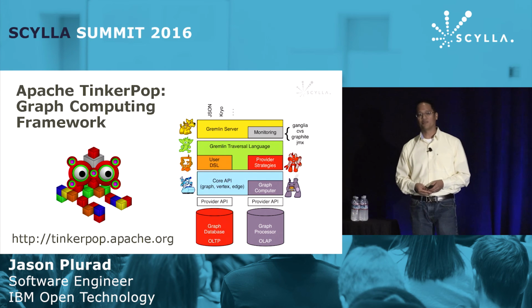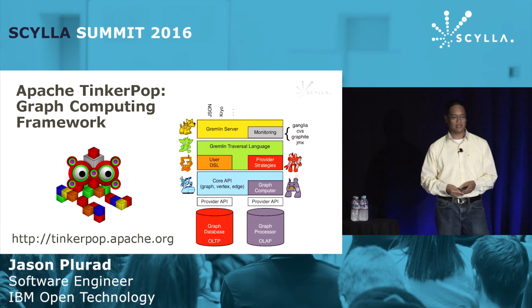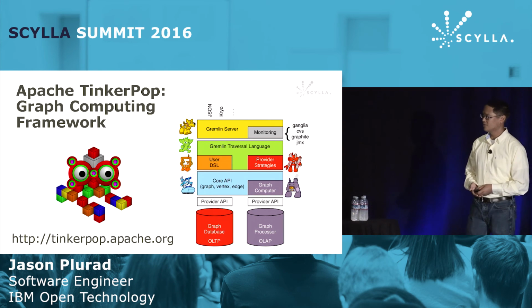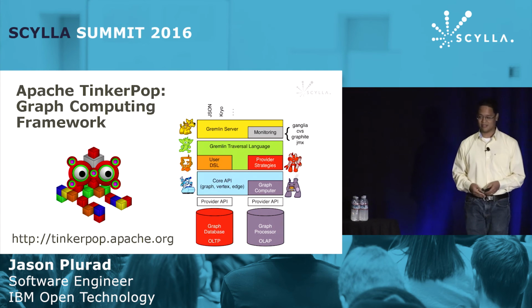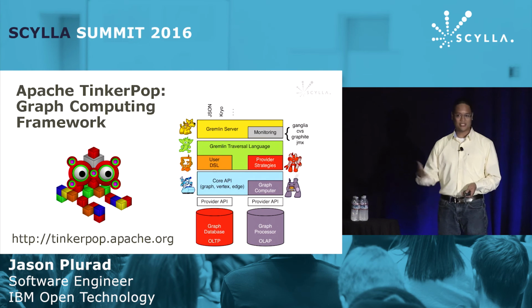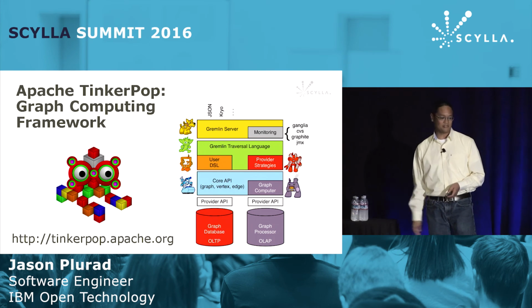So we're now a top level project. We have about 50 contributors, and we've doubled the number of committers since we entered incubation. And we're just about to release the 3.2.2 release. And things are moving along pretty well. And we'll see that we have a rich ecosystem of providers to bring graph to you.